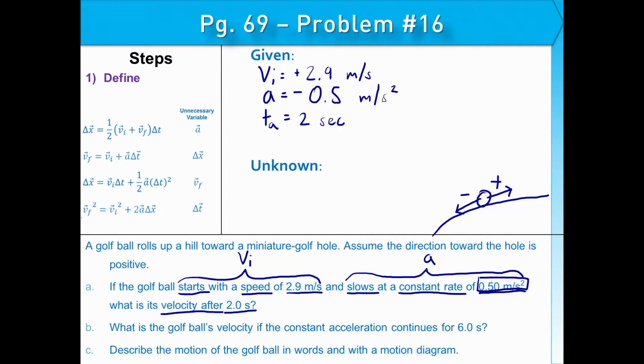So we need to find velocity, and since they have the word after 2 seconds, this refers to final velocity. So my unknown is final velocity, and because this is for part A, we're going to use a little subscript A right here, and it equals question mark.